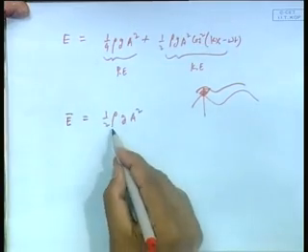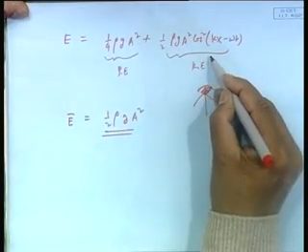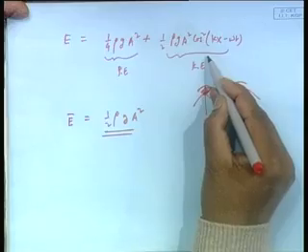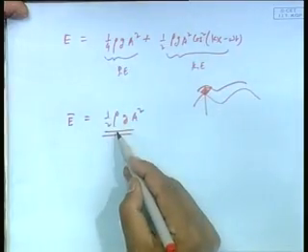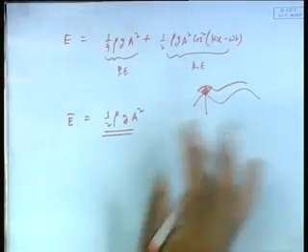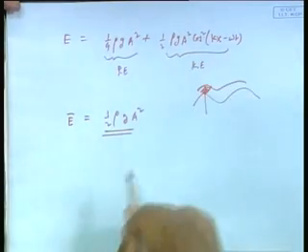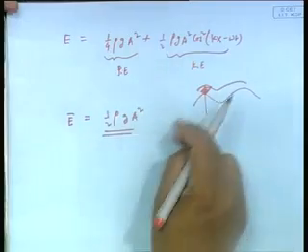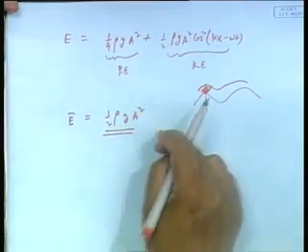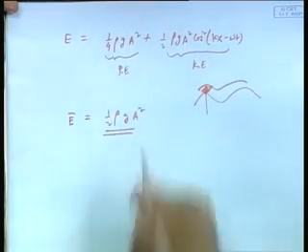This is 1/4 rho g a square, this is 1/4 rho g a square, so the total is half rho g a square. So, this is my average energy. Remember, instantaneous energy is different because of this time dependence. So, average energy over one period, 0 to t, over a unit area on the surface is this. In fact, if you see the unit, you will find it is energy per unit area.